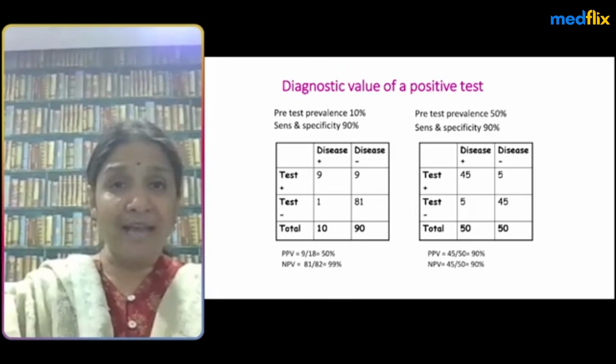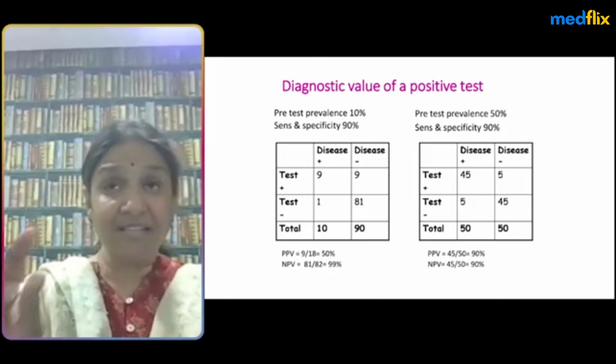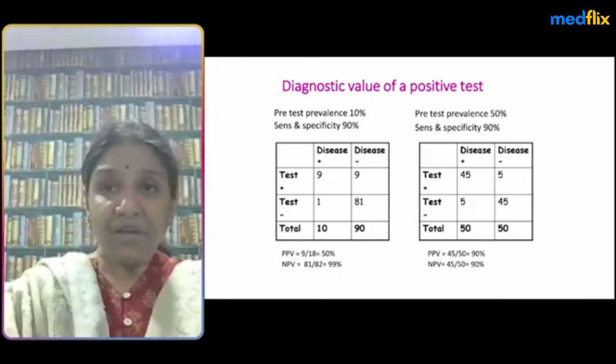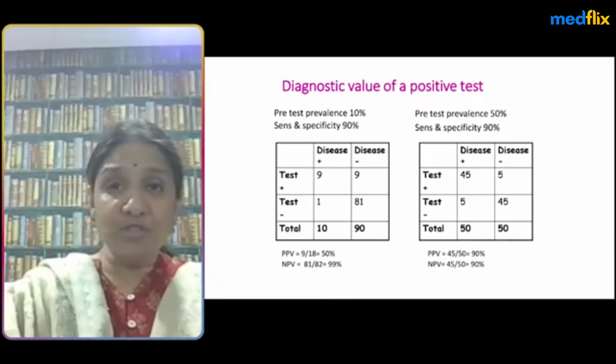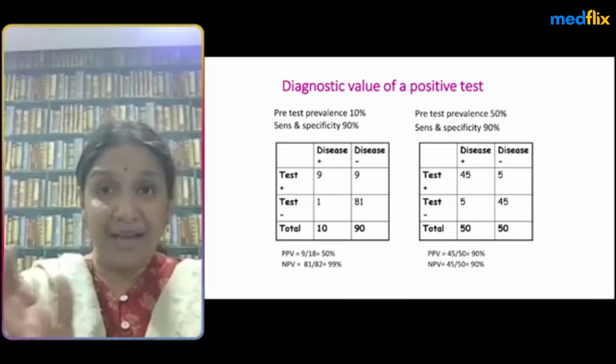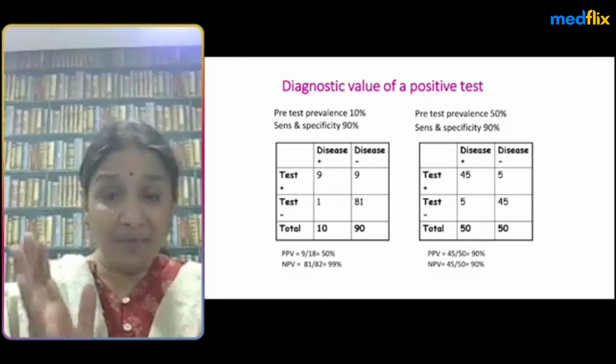But when you do a calculation, you find that the positive predictive value is only 50%. That means if that test comes positive, the PPV is only 50%. Compared to this, using that same test when your pre-test prevalence is 50%, the PPV becomes 90%. So this just tells you that the PPV depends on the pre-test prevalence.